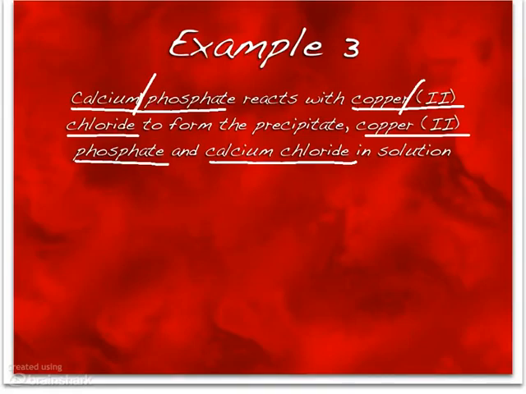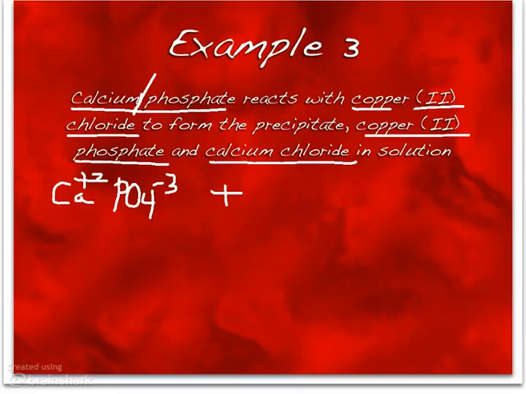So you have to figure out the formula with the ionic rules. For example, you have calcium phosphate. If we go back and do like we did before, calcium is just regular Ca. It's in the second group, so it has a positive 2. Phosphate is one of those polyatomic ions that you need to memorize, which is PO4 negative 3, plus copper 2 chloride.